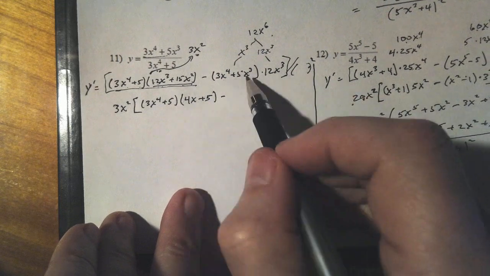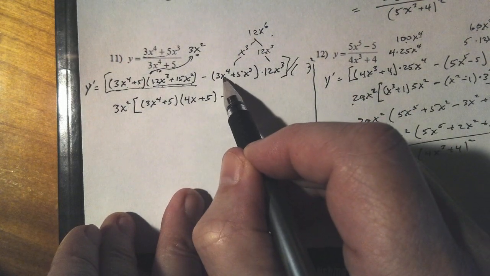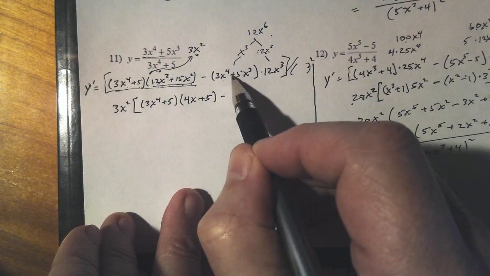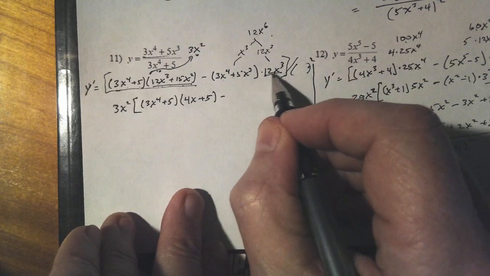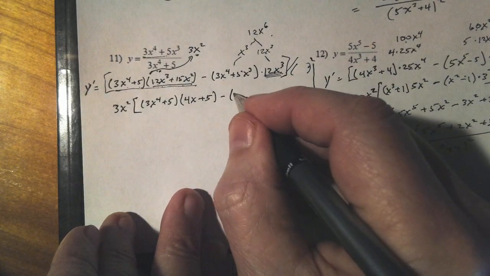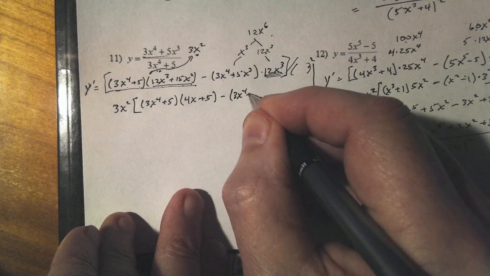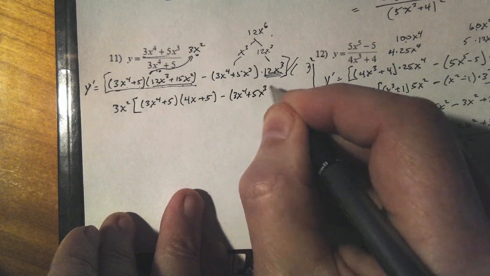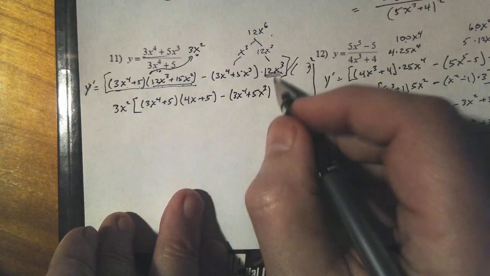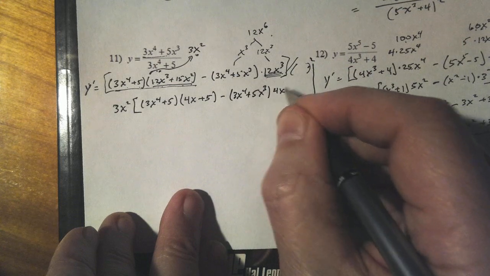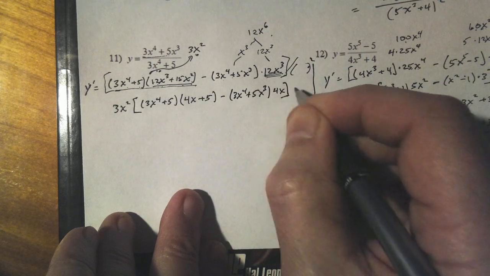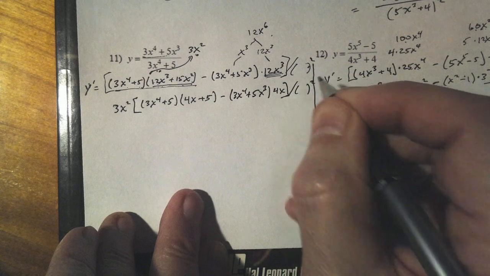I'm factoring out 3x squared. I'm getting the x squared. Well, you know what? I could just get the whole 3x squared from there, so I'm going to do that. 3x to the 4th plus 5x cubed. Factor out 3x squared from this, and I've got just a 4x, all on the square of the thing below.